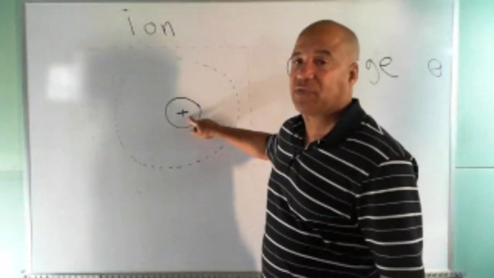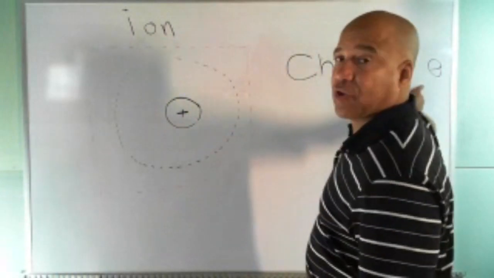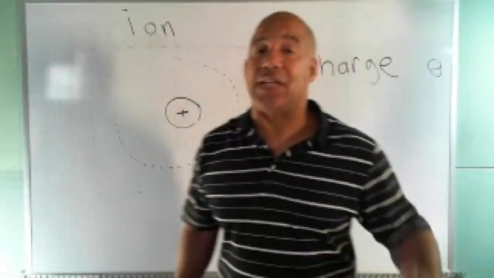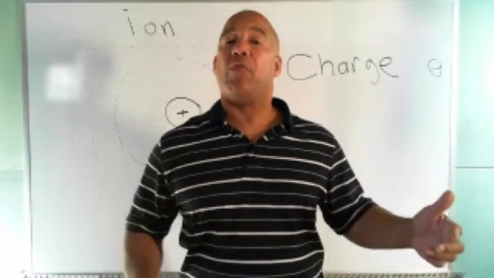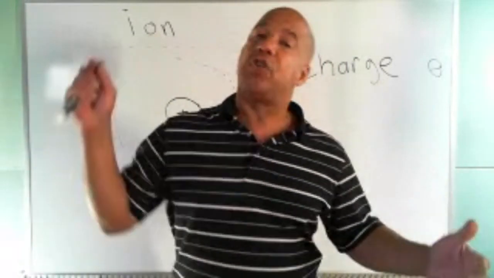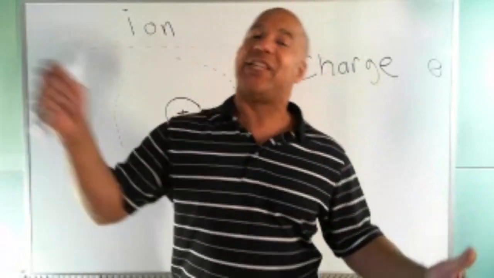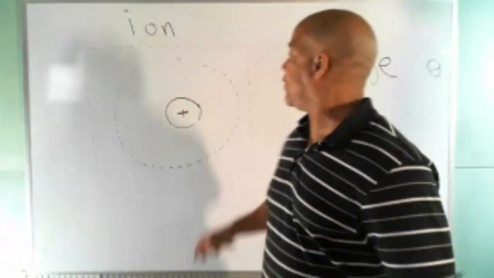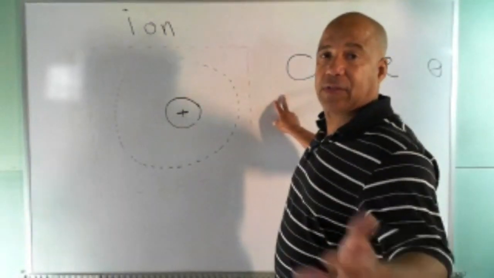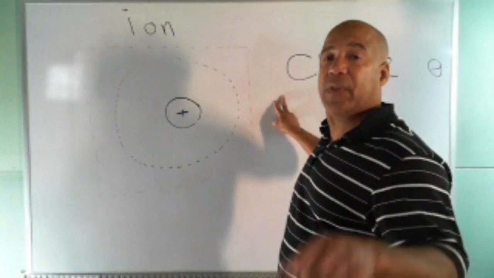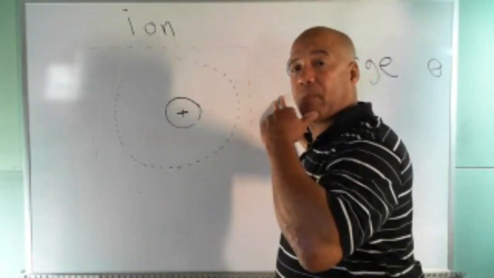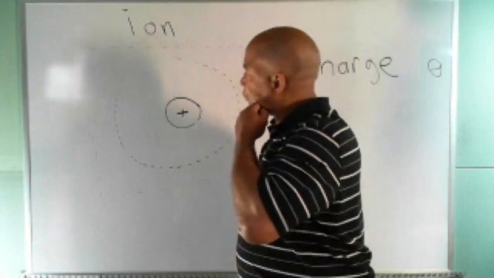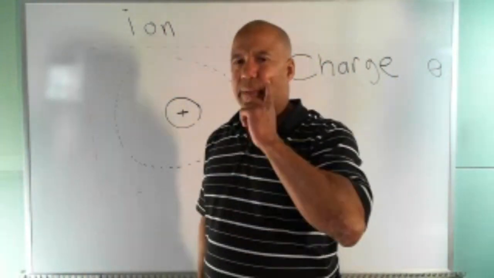The proton possesses positive charge, the electron possesses negative charge, or I can use it as a verb. That's the one that's important for us, because when you do something electrically, when you charge your phone, when you charge your car battery, or when you discharge something, what you're doing is you're using this as a verb. And so to understand the nature of electricity, you got to understand what we mean by charge as used as a verb.